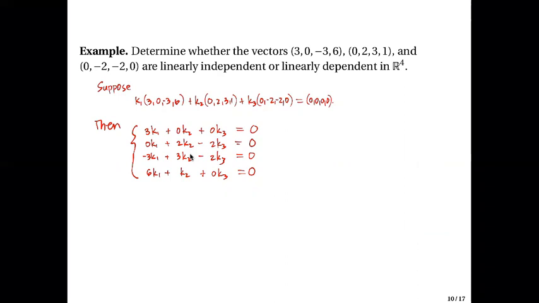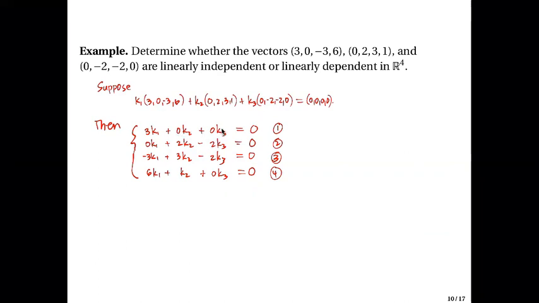But let us just try to observe and analyze this equation. So you have equation 1, equation 2, equation 3, equation 4. Look at equation 1. You have 3K1 plus 0K2 plus 0K3, so these two disappear.